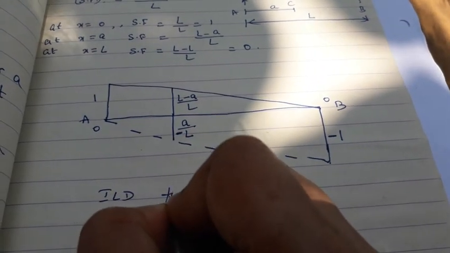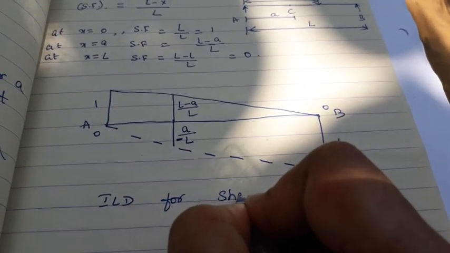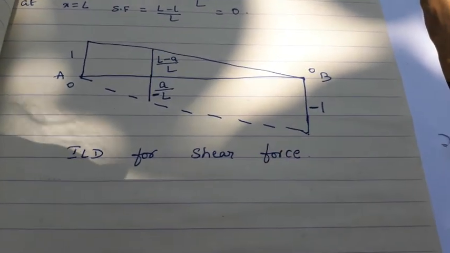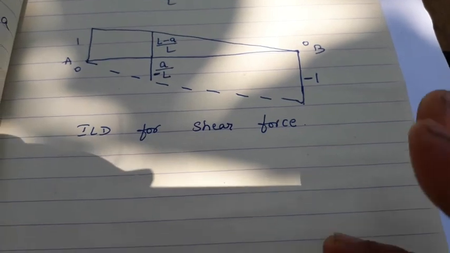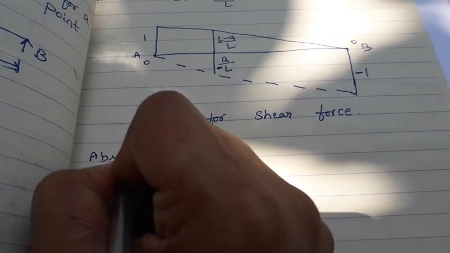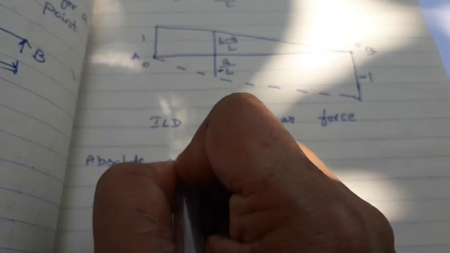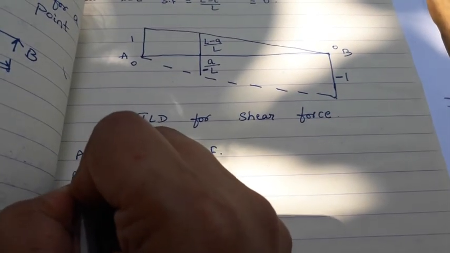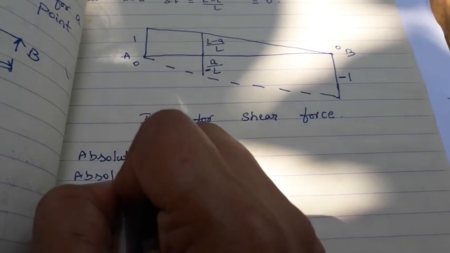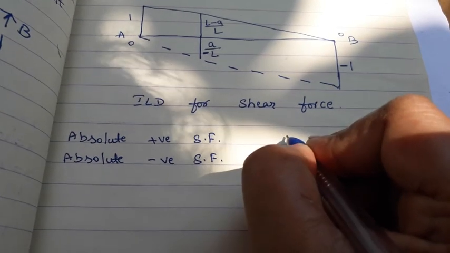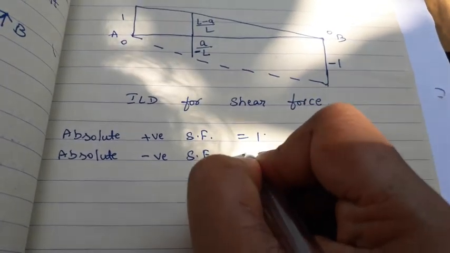Influence line diagram for shear force. If I write the absolute positive shear force and absolute negative shear force, we have both the values as 1 and 1.